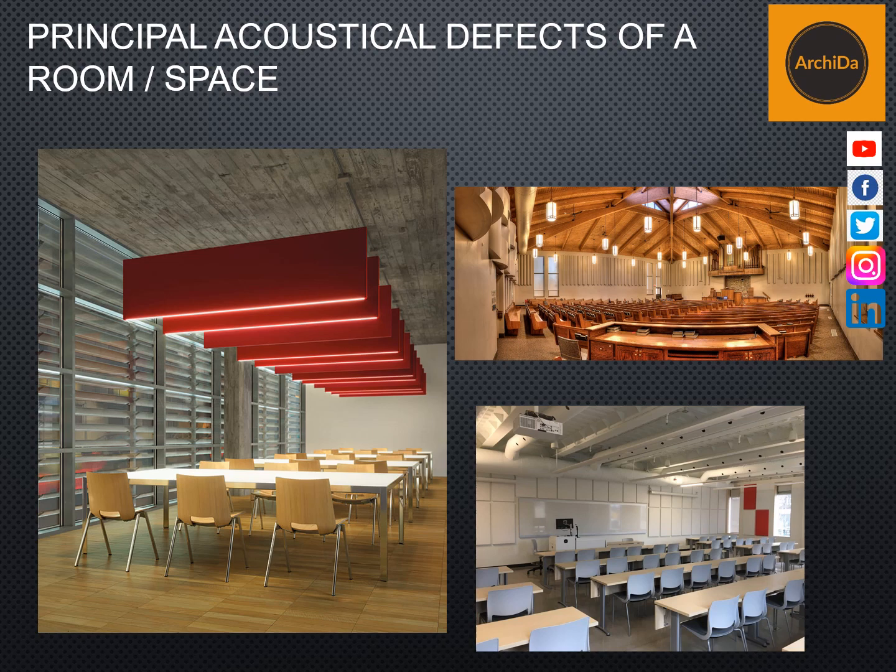As you can see, it has a different type of ceiling wherein it has a direct sound reflection surface, and it has both sides that will reflect the sound itself. Then on the left side is a library, wherein you could see that the ceiling treatment here is using sound absorbent materials.